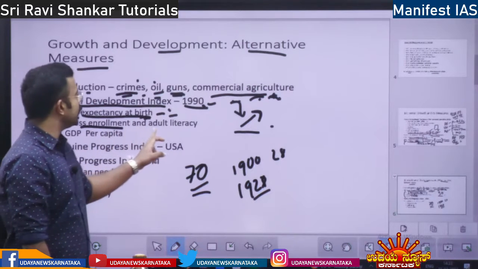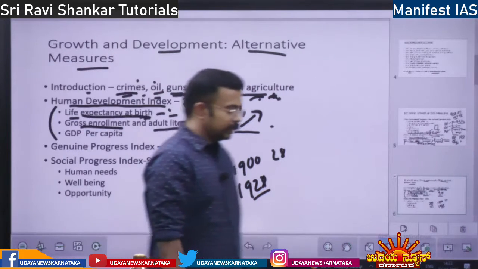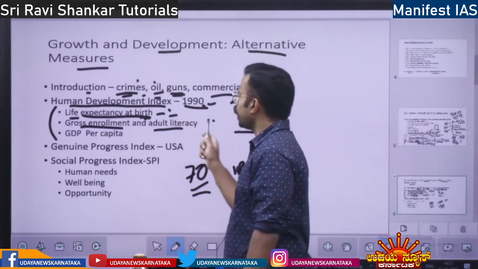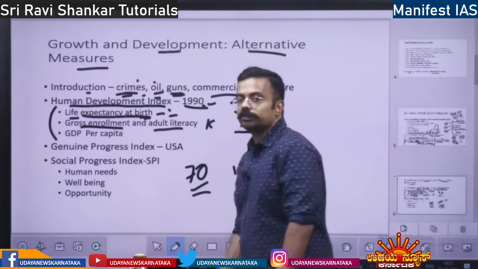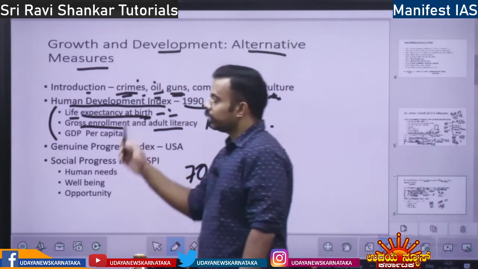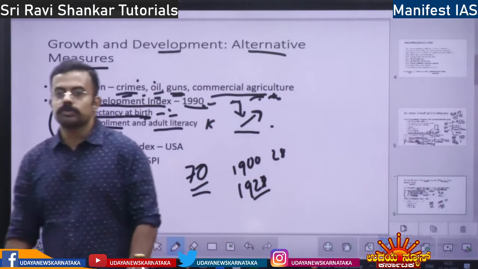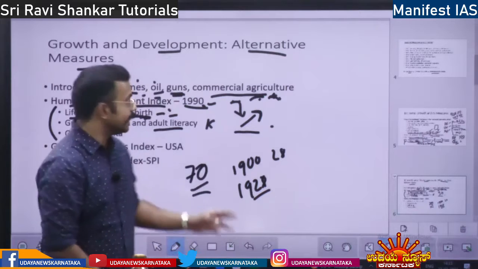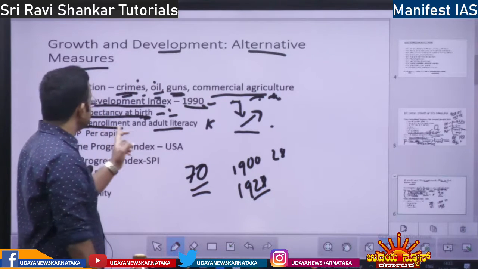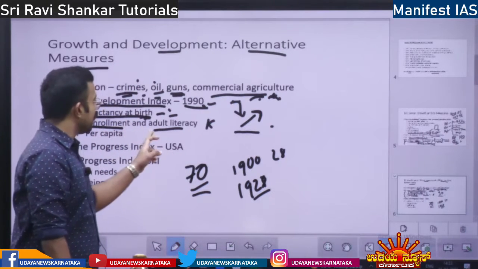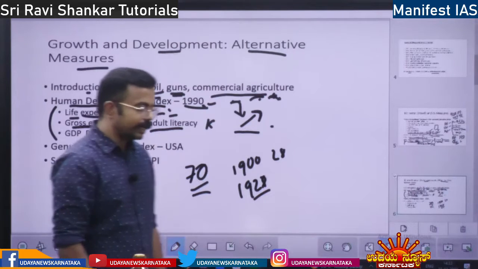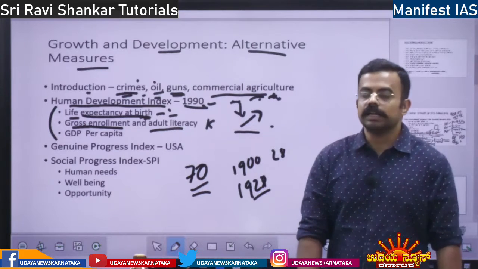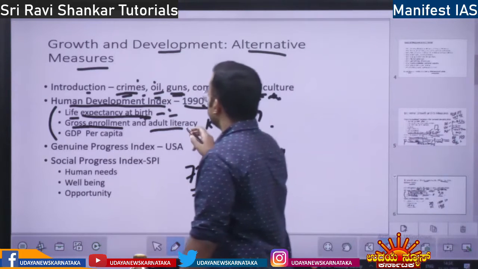Second, gross enrollment and adult literacy. This shows the knowledge part, while the previous one shows the health part. In knowledge, gross enrollment means how many children are getting into schools. And adult literacy means what percentage of adults above 18 years are literate.